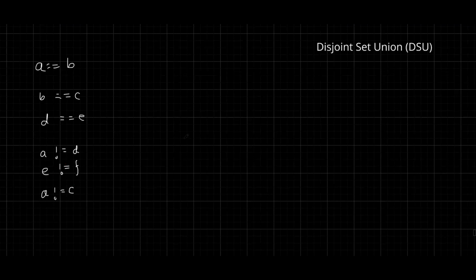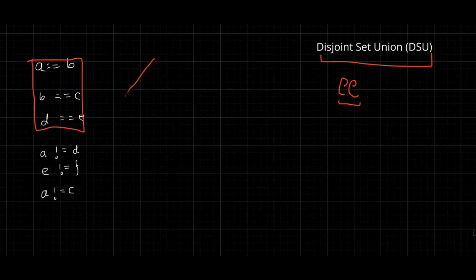So now, how can we basically solve this problem? We can easily solve this problem by using the disjoint set union data structure, and we will use the connected component concept. The concept is very simple. For each of the equations where we have the equality, we should insert them into the same component.